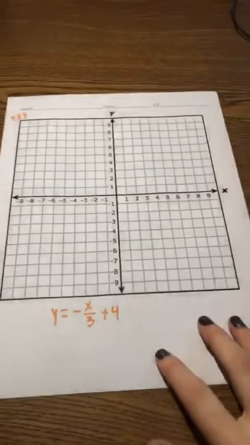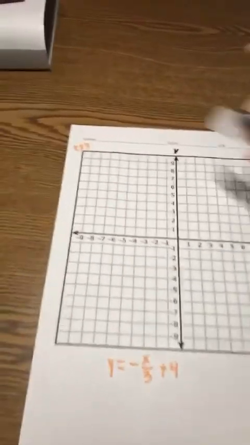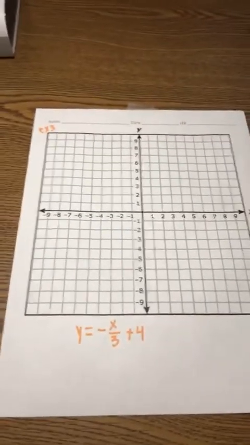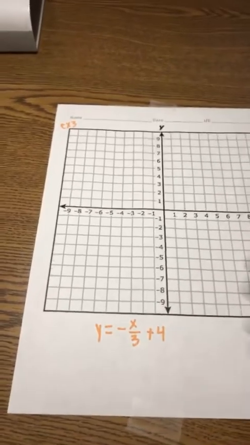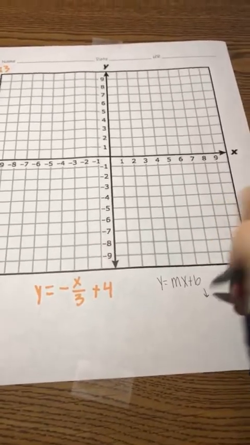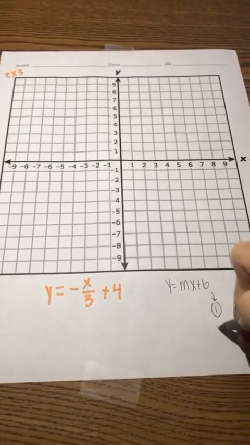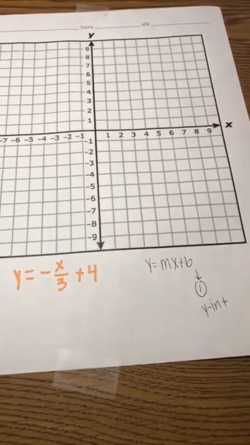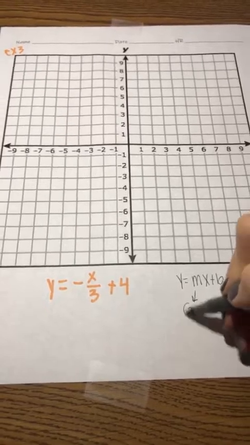All right, example number 3. As always, y equals mx plus b. Your b is your first step. That's your y-intercept. Your m is your second.